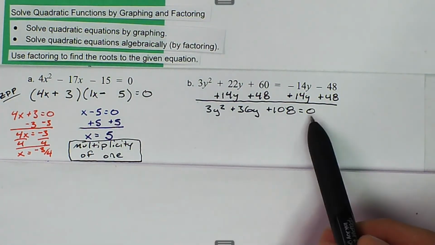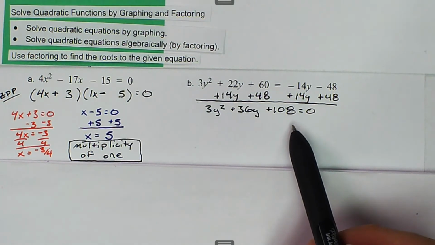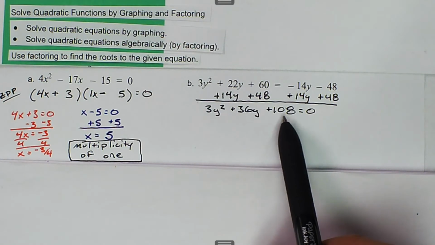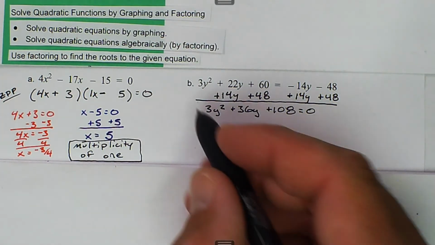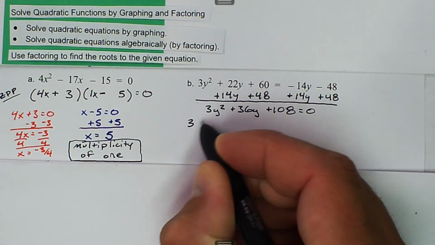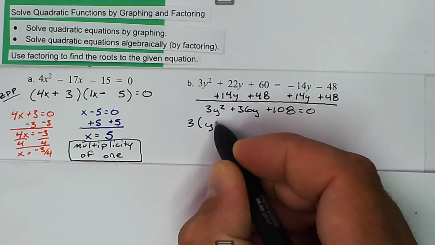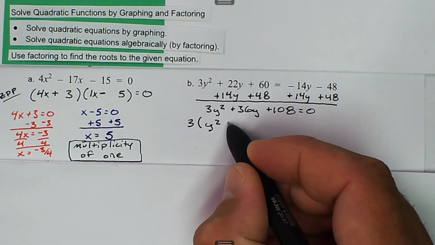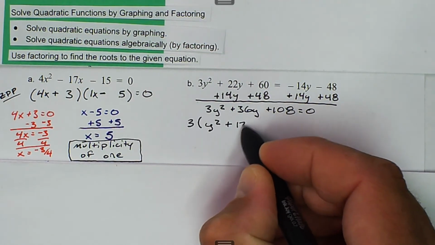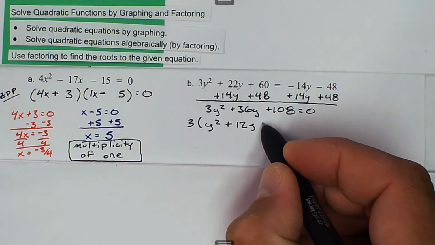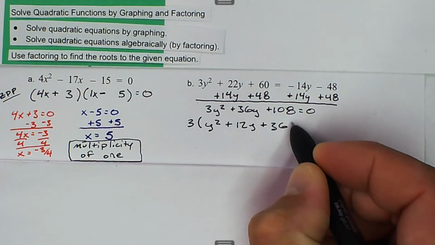So we can start to factor. In this case, I know that all three of these are divisible by 3, so I can factor a 3 out. 3 divided by 3 is 1, so we're just left with y squared. 36 divided by 3 is 12, so 12y. And 108 divided by 3 is 36.